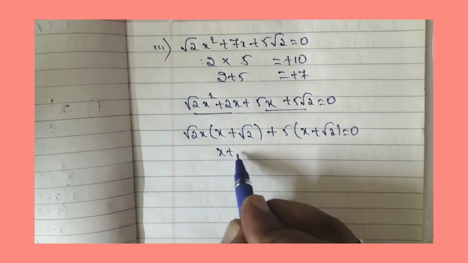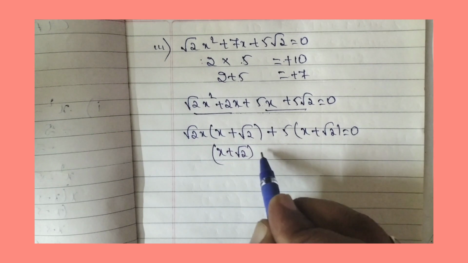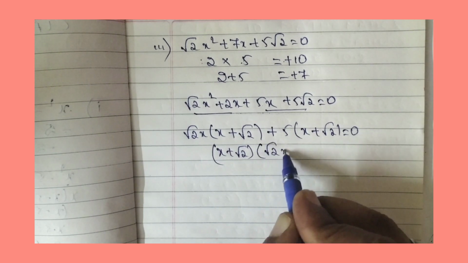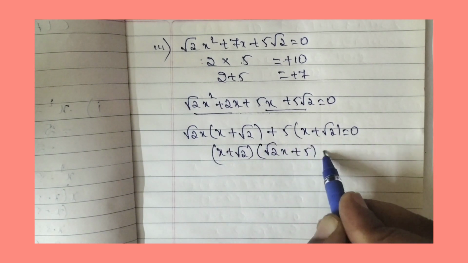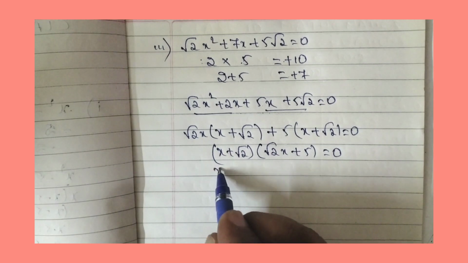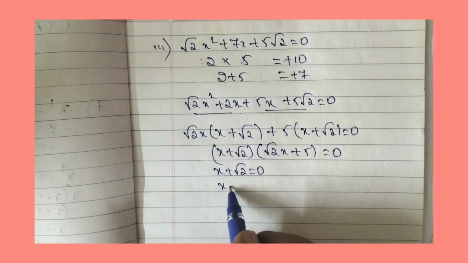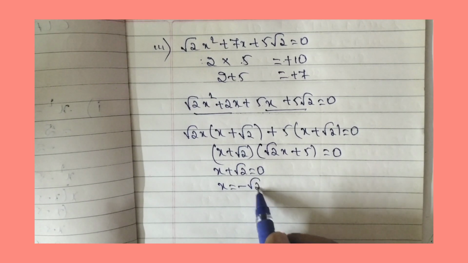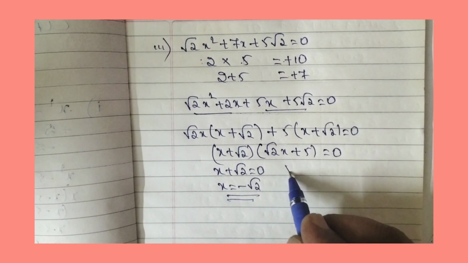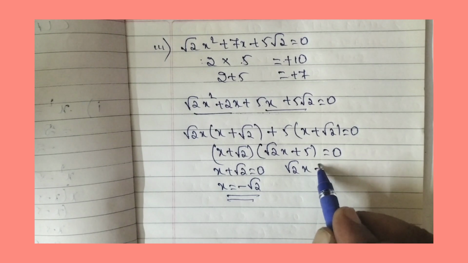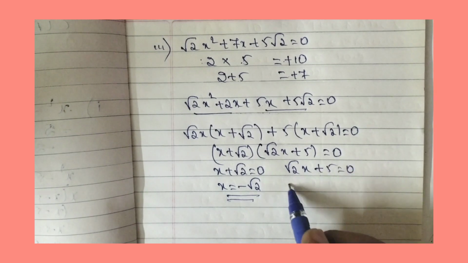So what is the common to both? x plus root 2. What is the remaining? Root 2 x plus 5, which is equal to 0. So x plus root 2 is equal to 0. x is equal to plus root 2 becomes minus root 2. So root 2 x plus 5 is equal to 0.